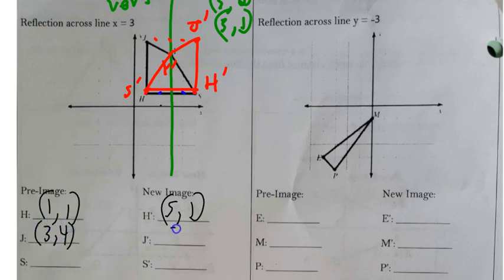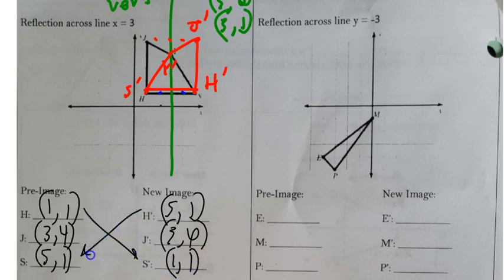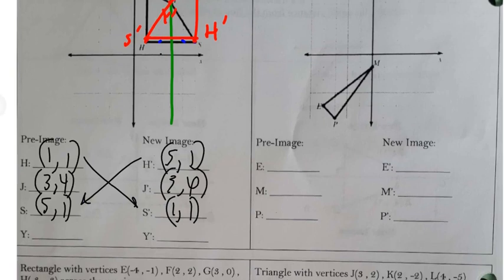And that one stays the same for both because it was on x equals 3. Now, where is S? So S is at (5, 1). They're basically just switching. So this is (5, 1). That's going to become (1, 1). Which makes sense. They just switched spots. And last but not least is Y.